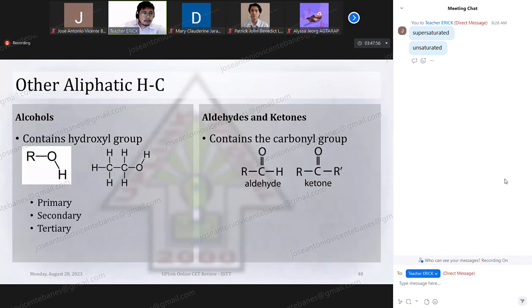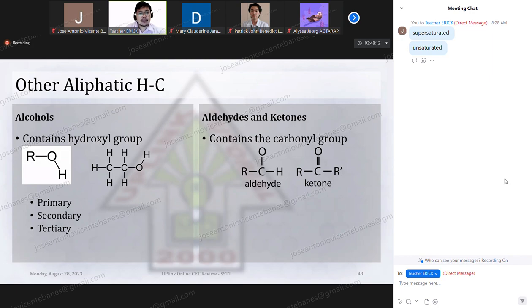Okay, so other aliphatics, consider your alcohol, which contains the hydroxyl group. The hydroxyl group is your OH group. Now, ROH would be basically our example for the alcohol.